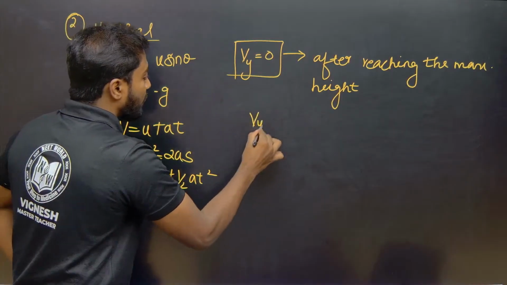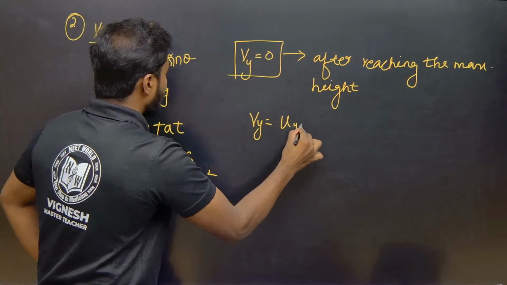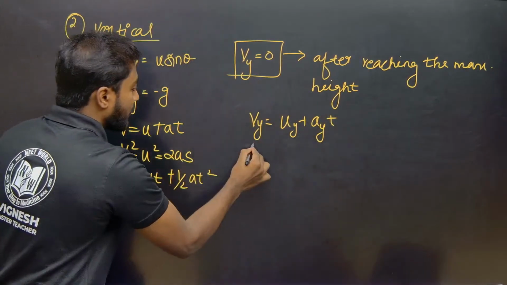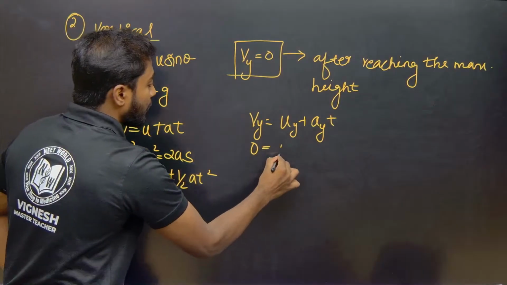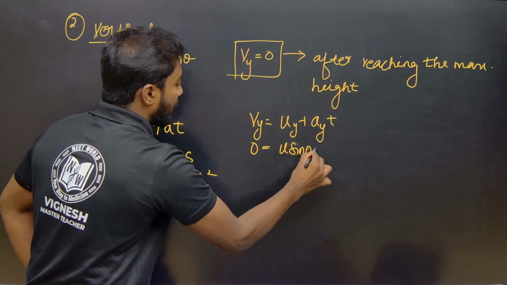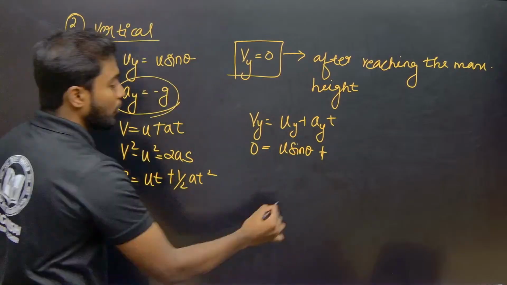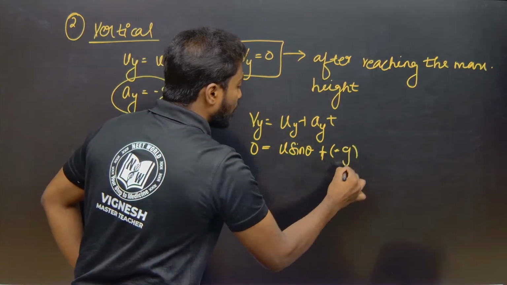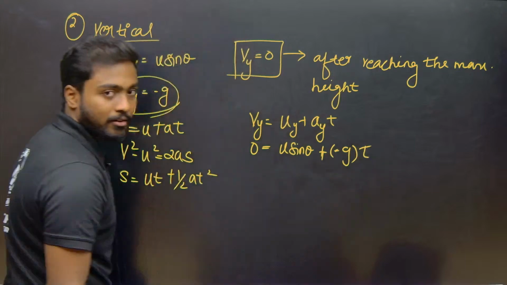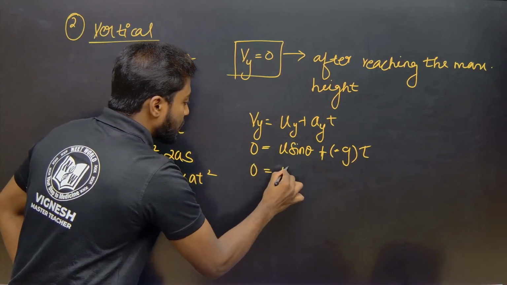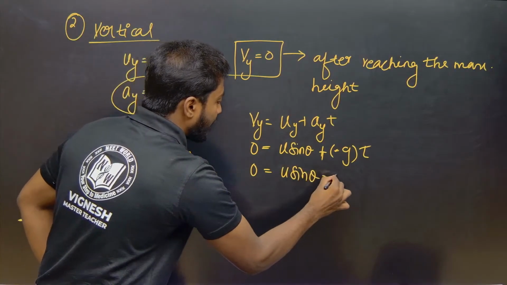Now we know the three terms here, we can apply. So Vy is equal to uy plus ayt. Vy is 0, uy is u sin theta, ay is minus g. I do not know what t is, I will write t as it is. So 0 is equal to u sin theta minus gt.